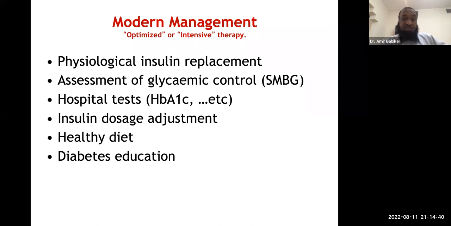Insulin dosage adjustment is a practice that should be undertaken by the treating team, and the patients and family at home. A healthy diet is recommended for everyone, especially diabetics, and diabetes education is a cornerstone of optimized management. So it's an overall system to get the insulin delivery to these patients optimized.